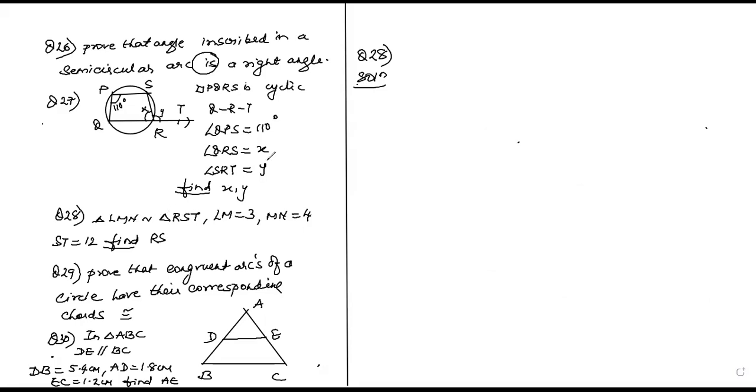Triangle LMN is similar to triangle RST. What is given? Triangle LMN is similar to triangle RST. Now remember, children, when the triangles are similar, the corresponding sides are in proportion. LM upon RS equals MN upon ST equals LN upon RT.